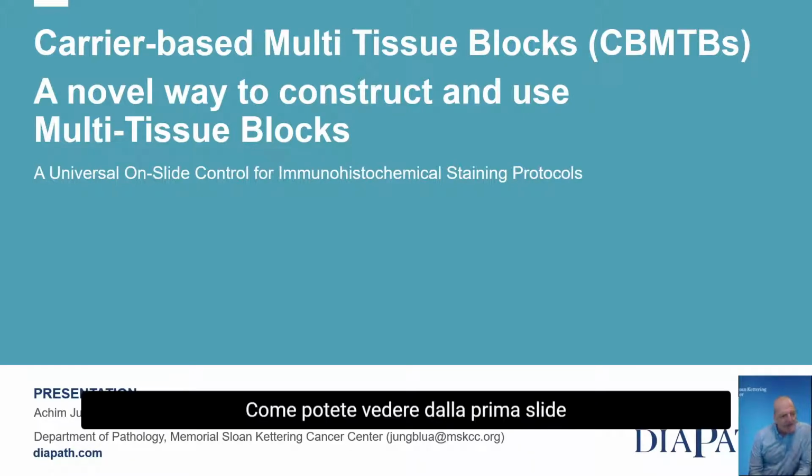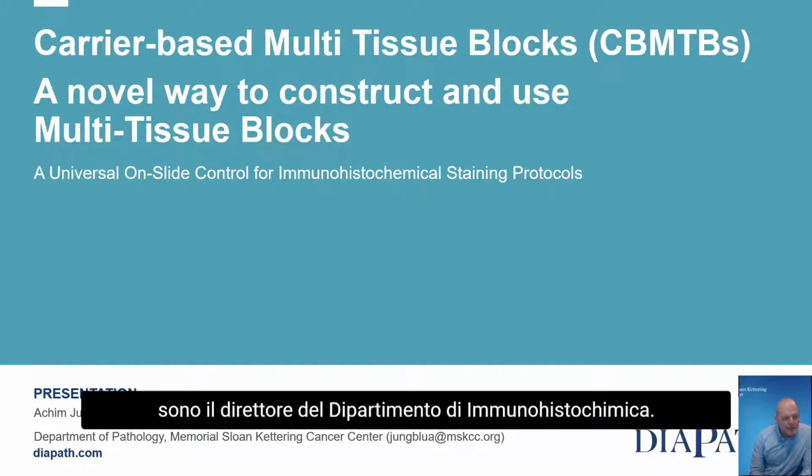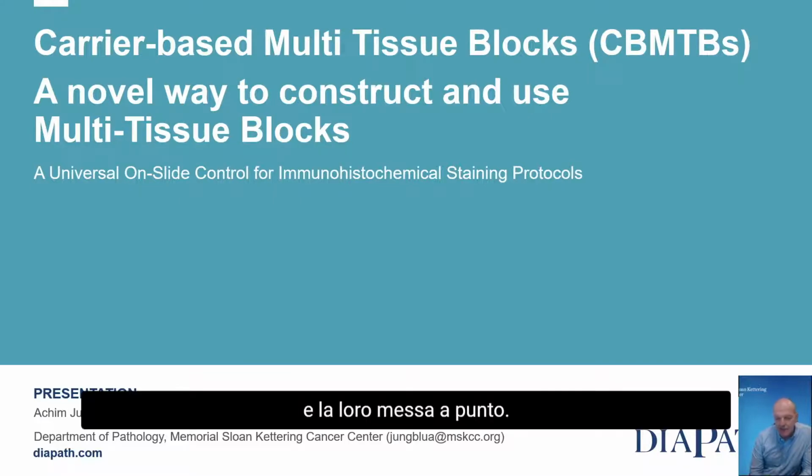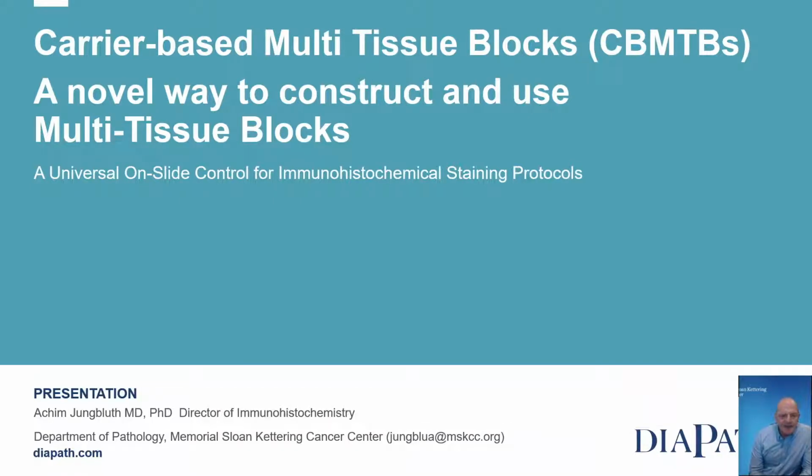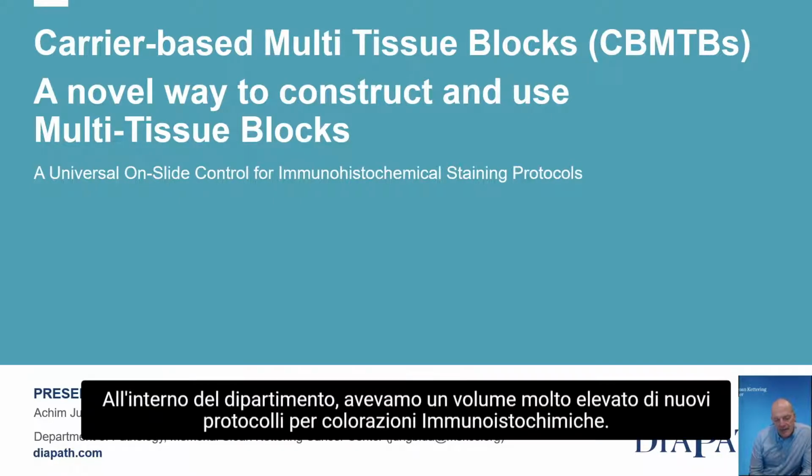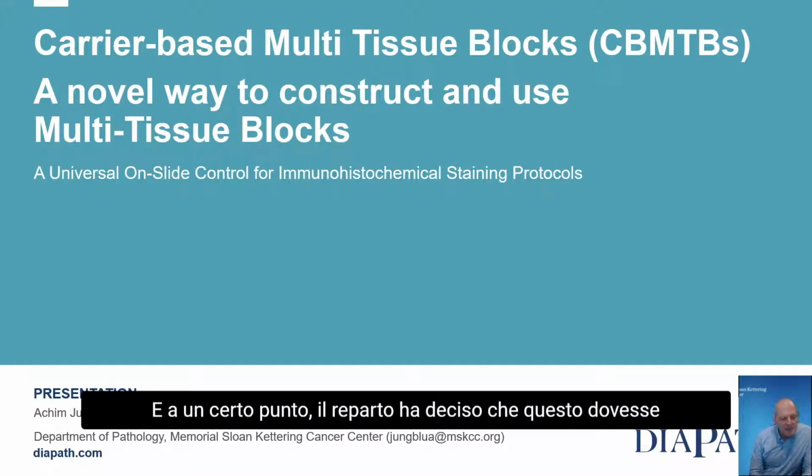As you can see from the first slide, I'm the director of immunohistochemistry. I'll deal mostly with immunohistochemical assays and the setup of those assays. We have a very high volume of novel IHC protocols, and at one point the department decided that this needs to be done in a separate lab by a separate person.